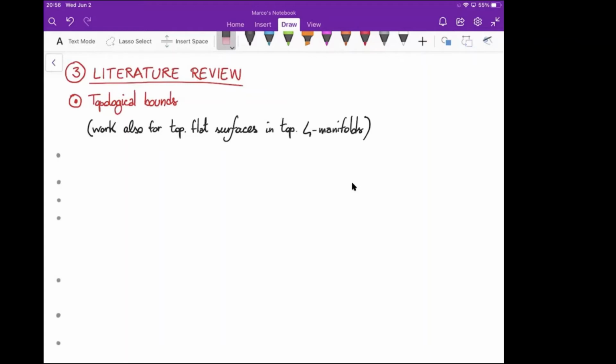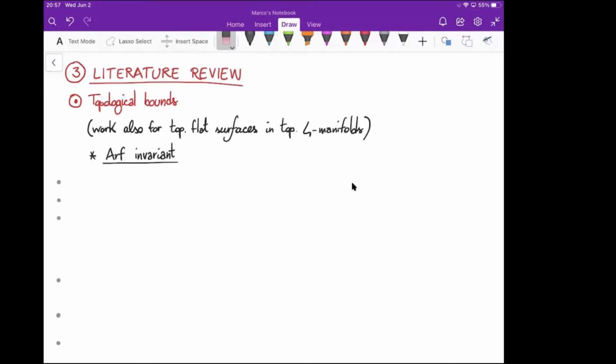The first one is given by topological bounds. By topological bounds, I mean bounds that also work for topologically flat surfaces in topological four-manifolds. So these results are not particularly helpful if your goal is to distinguish between smooth structures. So I'm going to quickly review them, but keeping in mind that our goal is different.